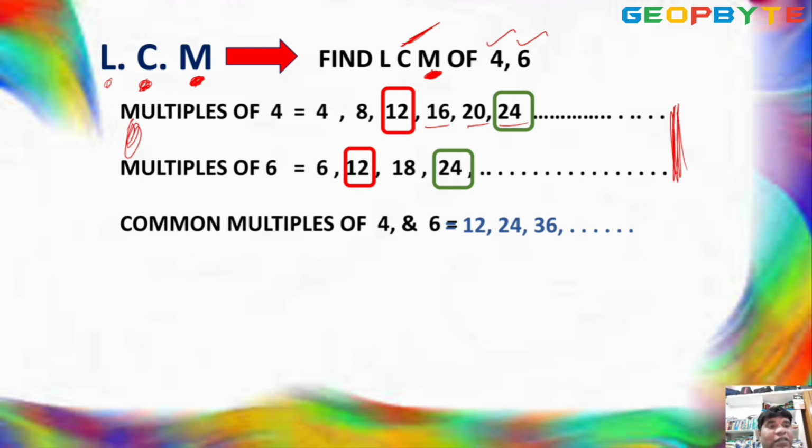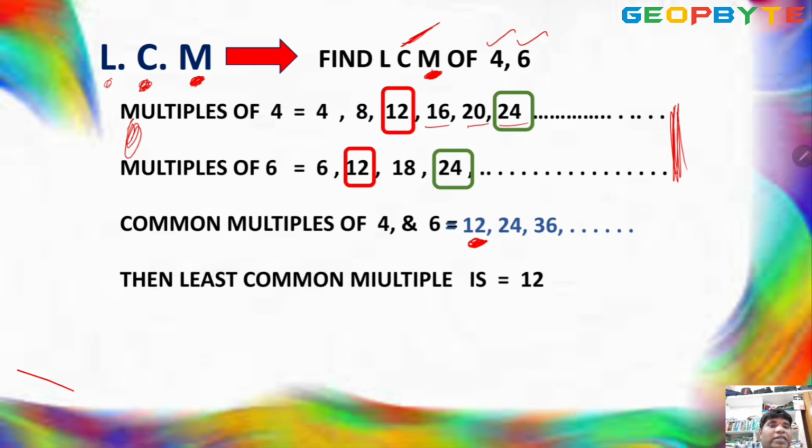Out of these, what is the least common multiple? L, what is the least? The least common multiple is 12. So the LCM of 4 and 6 is 12. That is the answer, the basic methodology. Got it, children? Next.